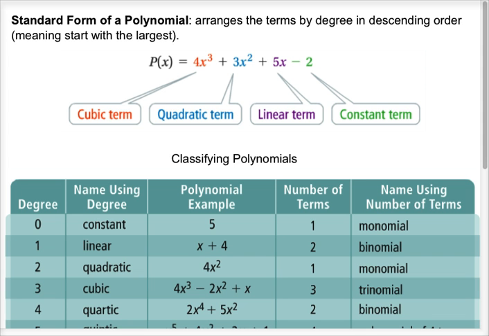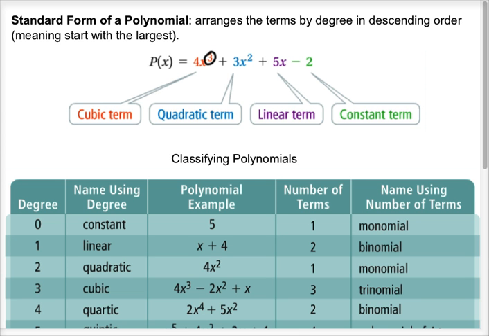Now, if you flip to the next page, standard form of a polynomial. The standard form arranges the terms by degree in descending order. So what that means is you are starting with the highest degree, the highest exponent, and then you're writing the terms in descending order from there. So for example, 3 is the largest one there.